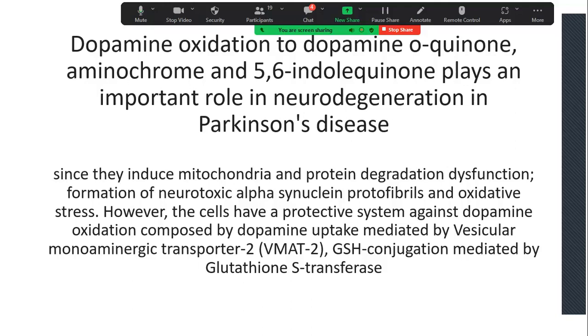And anything that helps to increase the reuptake of the dopamine as well, enhancing the vesicular monoamine transporters, clears them from the synapses, because once they are in the synapse, they will degrade and they become quinones. Glutathione is a very important way of neutralizing and conjugating those quinones and free radical generators, and that's how we get rid of them.